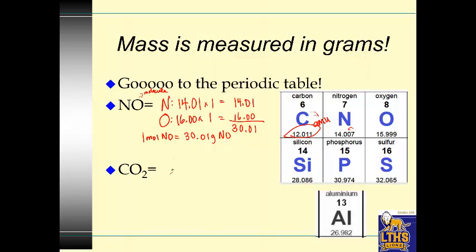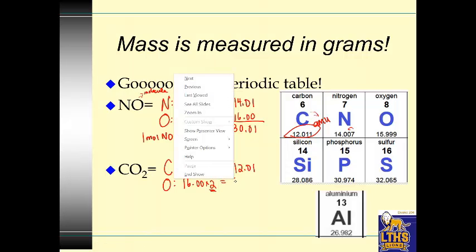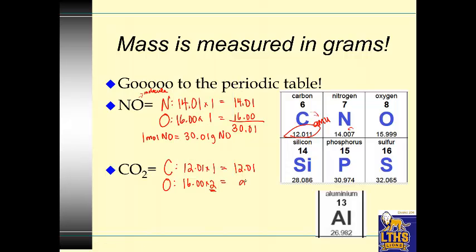Look, it's carbon dioxide. So how do we know how much is in a mole of carbon dioxide? Well, there's 1 mole of C in there, so 12.01. And then oxygen, from the periodic table, is 16.0, but since there's 2 there, we need to multiply by 2. That's 32.00.